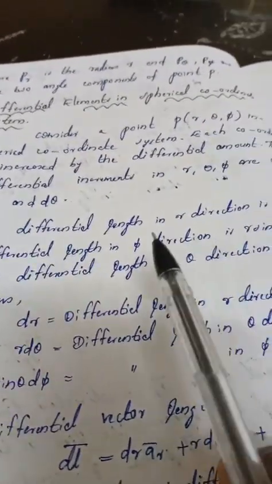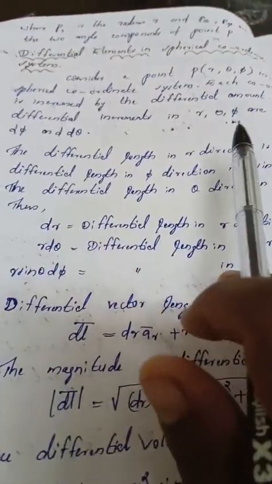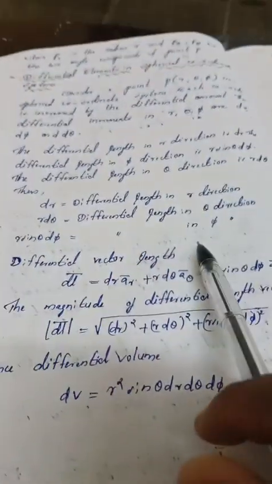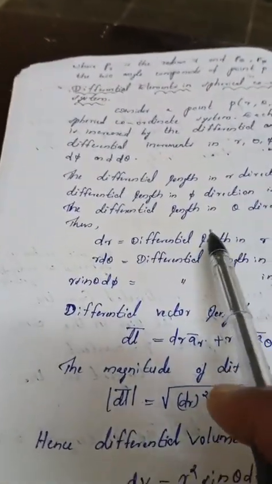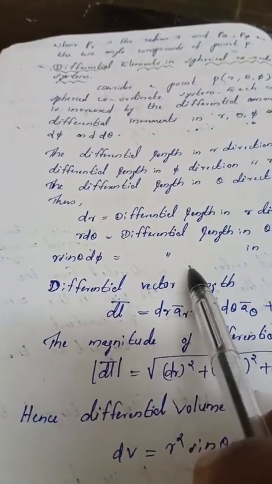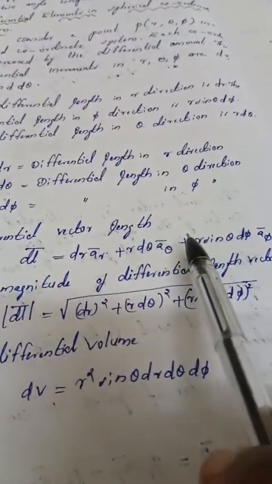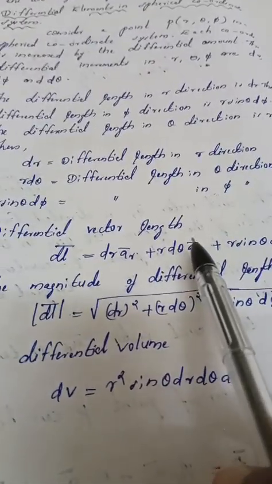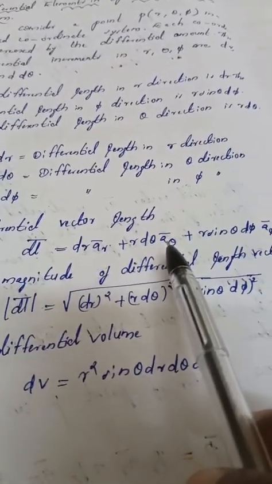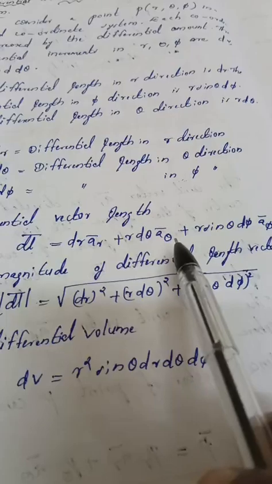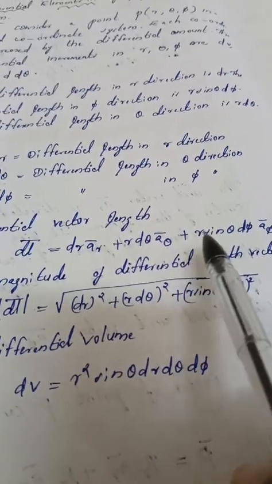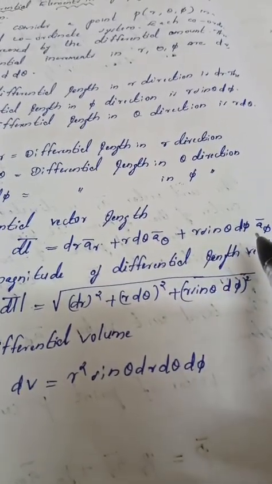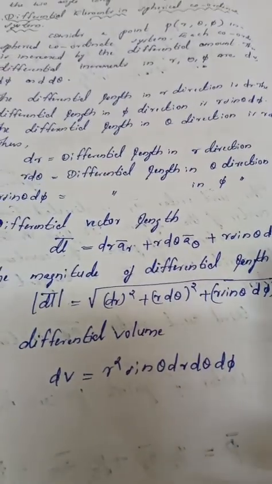Then differential elements in spherical coordinate system are dr, r d theta, r sin theta into d phi. The differential vector length dl is given by dr into ar vector plus r d theta a theta vector plus r sin theta d phi a phi vector.